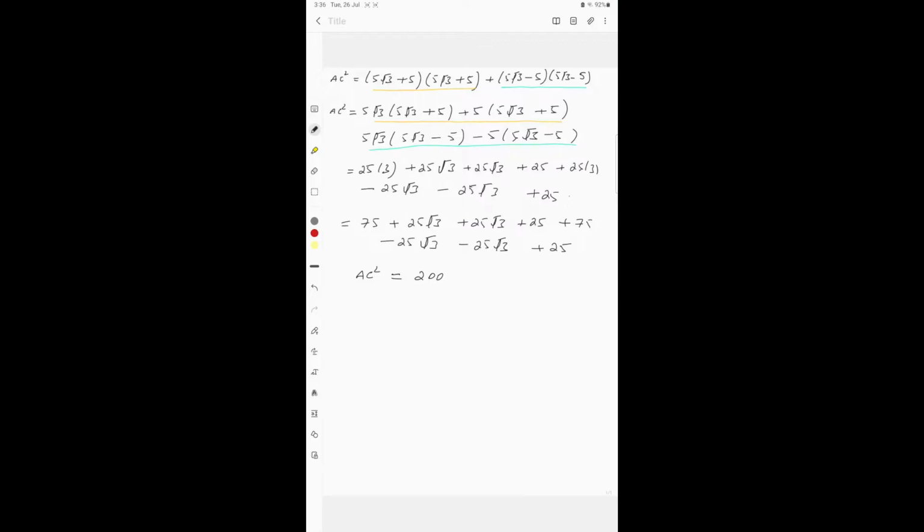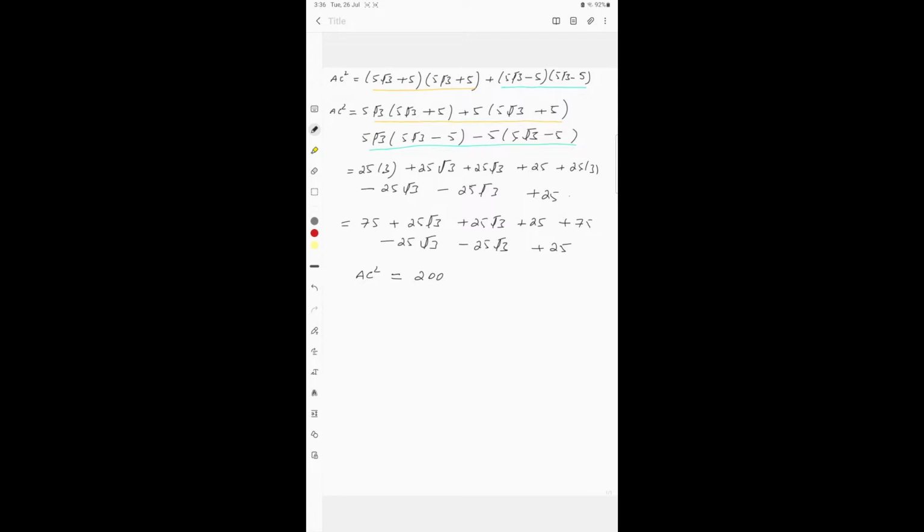So in order to find AC square, I'm doing manual, which means long multiplication, and taking each term and multiplying by the bracket next to it.